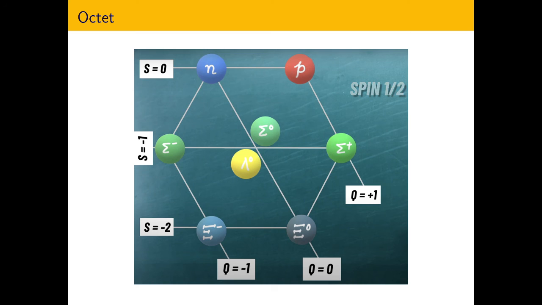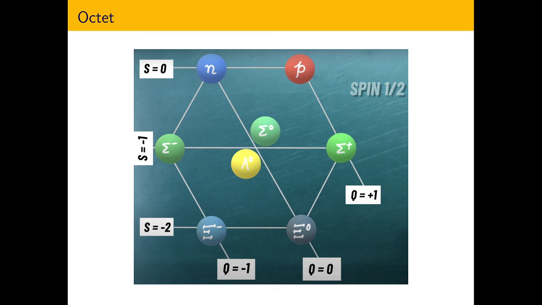The horizontal line in this hexagon denotes the strangeness of the particles. You can ask what strangeness means. It is simple. In the Large Hadron Collider or any collider, new particles are formed from high energy collisions, strong interactions, and electromagnetic collisions.